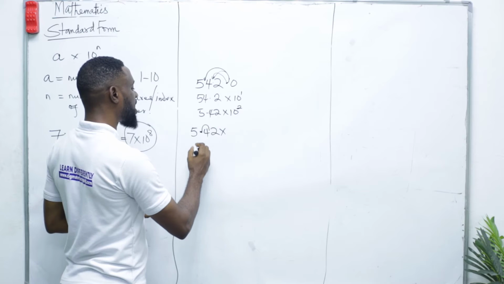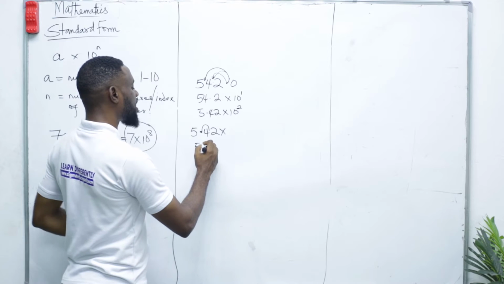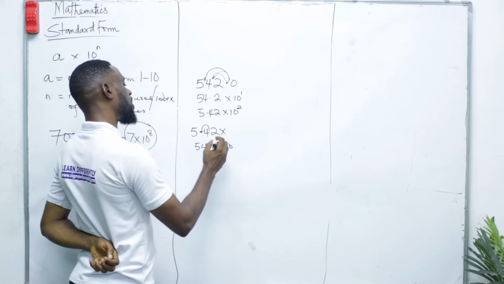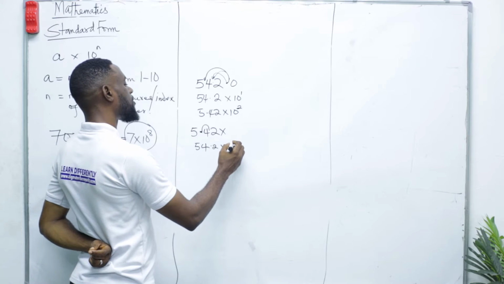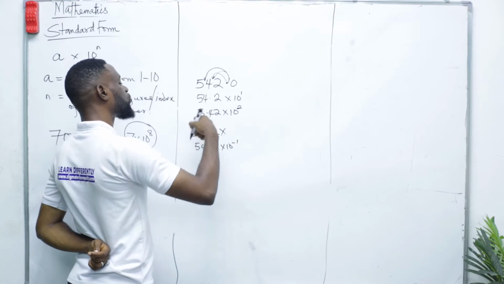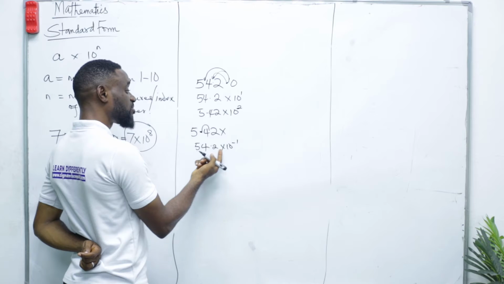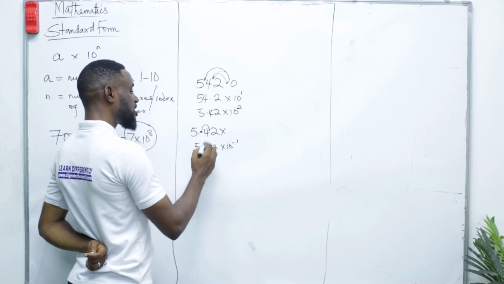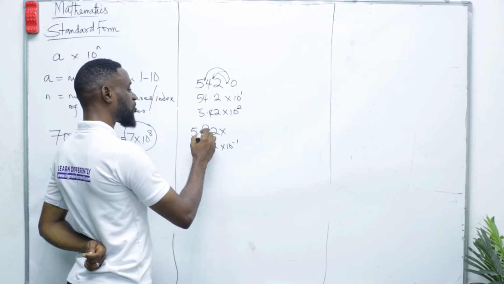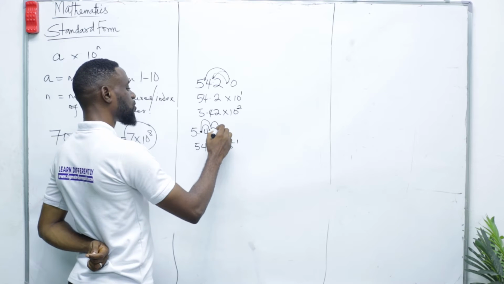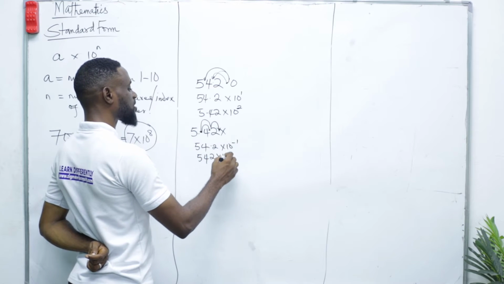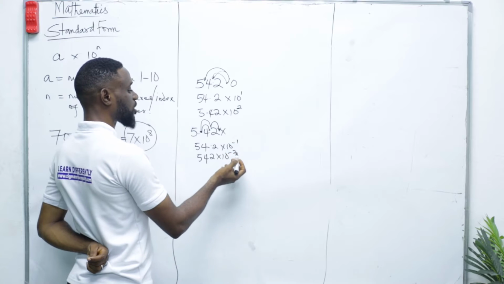So this will be 5.42 times 10 raised to power minus 1 because it moved once. Now let's say it is moving from here, 1, 2. So this will be 542 times 10 raised to power minus 2. Do you understand the point now?